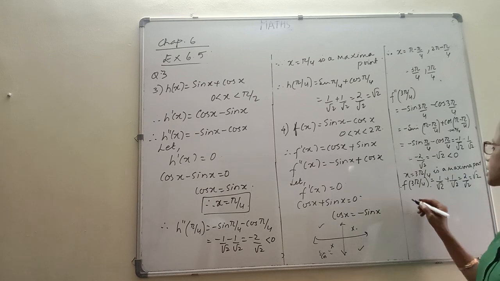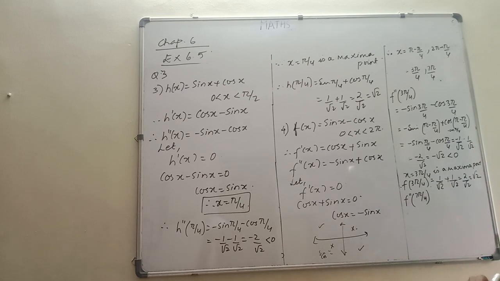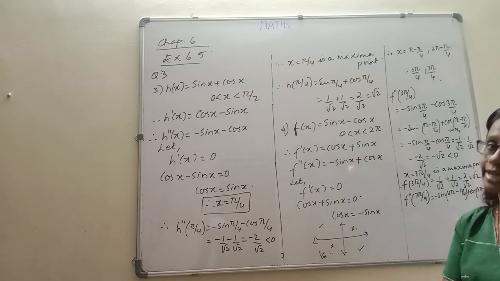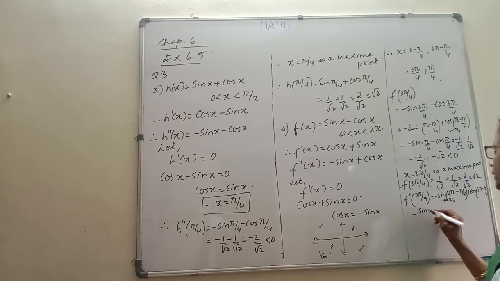Now we will check whether 7 pi by 4 is a maxima point or a minima point. The second derivative is minus sine of 2 pi minus pi by 4 plus cos of 2 pi minus pi by 4. As we know, the fourth quadrant is the quadrant for cos and not for sine. So sine will become negative, cos will remain positive. So this will become negative sine pi by 4, which becomes positive, so sine pi by 4.